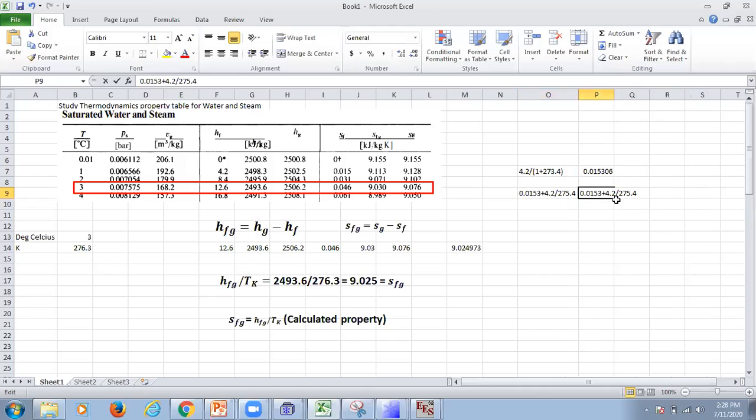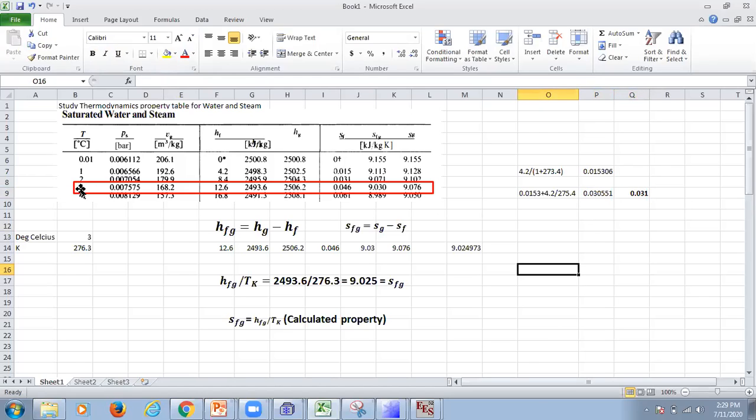So I put the equal sign here, and you will get the value. 0.03055, which is very close to 0.031 to the third decimal. You can see this is how the things are calculated.